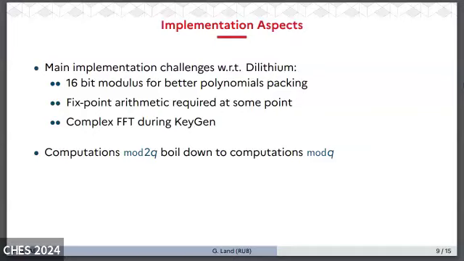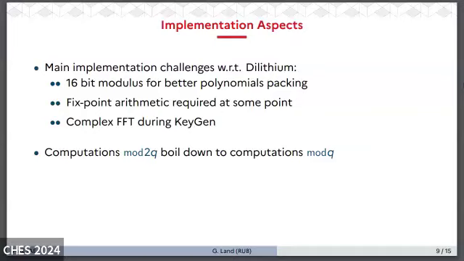So first of all, we have some fixed point arithmetic during signing and also during key generation, especially for the complex FFT that's required for rejecting over the secret. But on a good note, Julien said we are moving to computations modulo 2Q. That's the theory part.